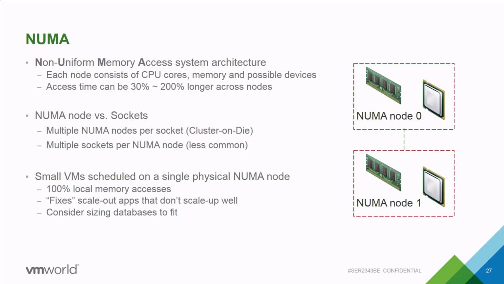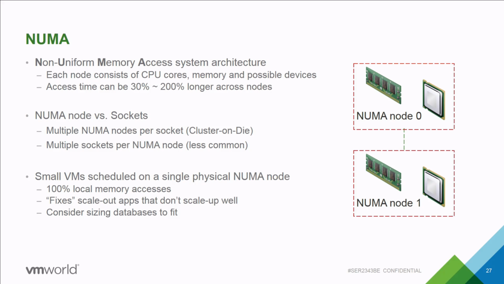In a less common case, you can have multiple sockets belonging to the same NUMA node. Overall, a NUMA node consists of a number of cores, and it has its local memory. The memory access latency from a core to its own local memory is much faster than to remote memory, the memory on a remote NUMA node. That's where the name NUMA comes from.